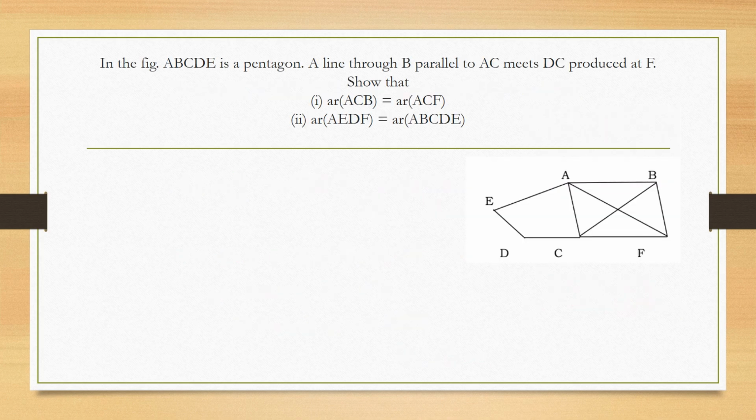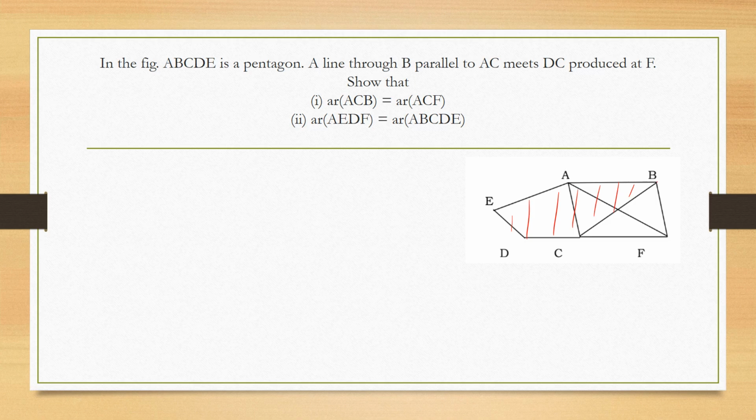Here, ABCDE, this one is a pentagon. That means having 5 sides, though it is not a regular pentagon where all sides are equal, but yes, it is a pentagon. Now a line through B parallel to AC meets DC produced at F. Okay.